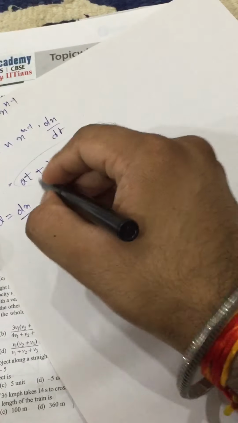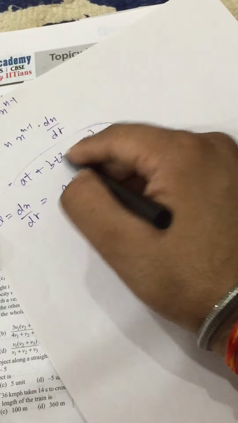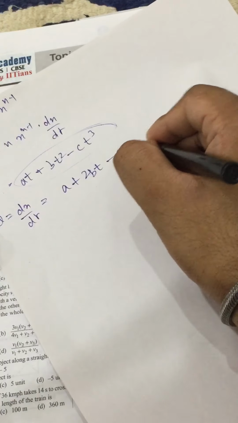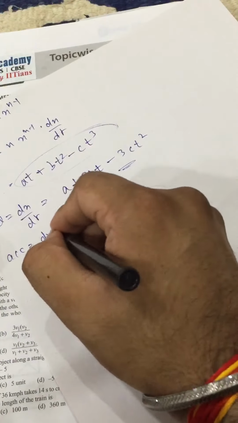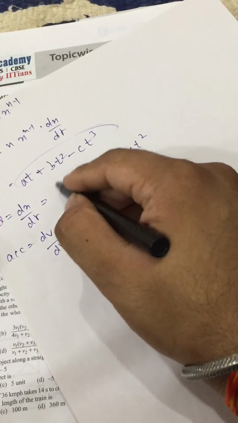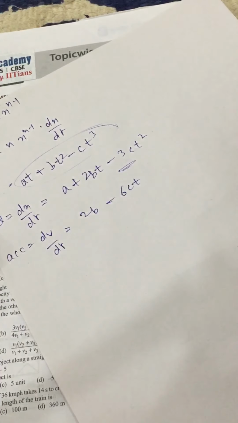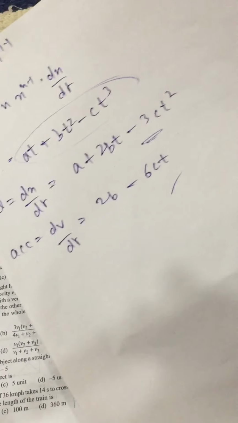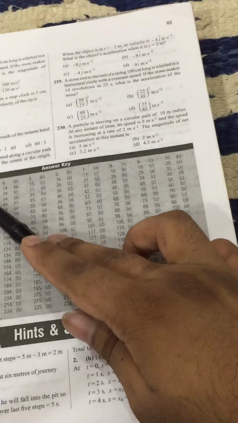The derivative becomes a, since the derivative of t is 1, plus 2bt, since the derivative of t square is 2t, minus 3ct square. And acceleration is dv by dt. The derivative is 0 plus 2b minus 6ct. This must be the answer, option C. Let us check. The 12th answer is C. Yes.